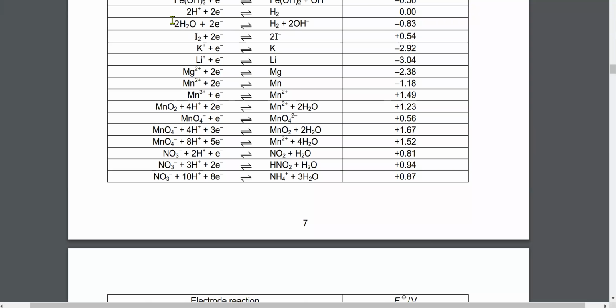Two water molecules are gaining 2 electrons, and forming H2 and 2 OH- ions. And the value I have is minus 0.83 volts.